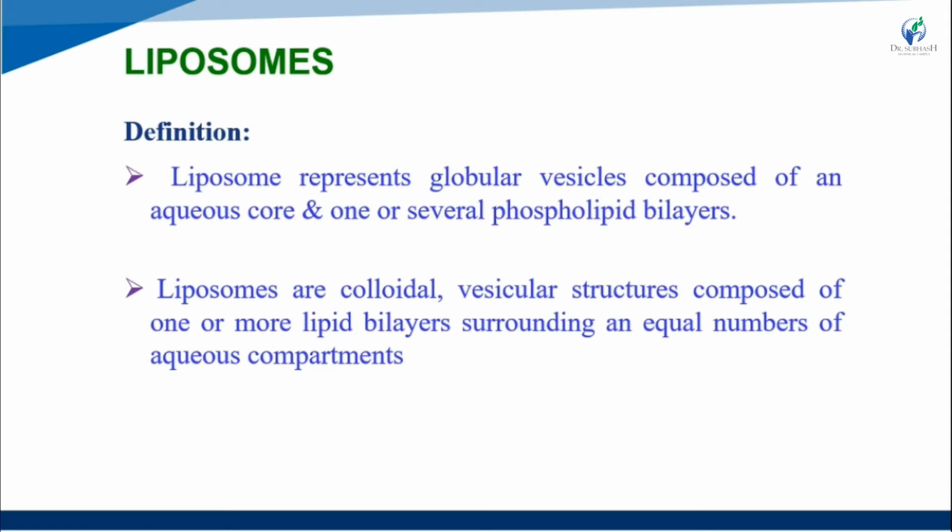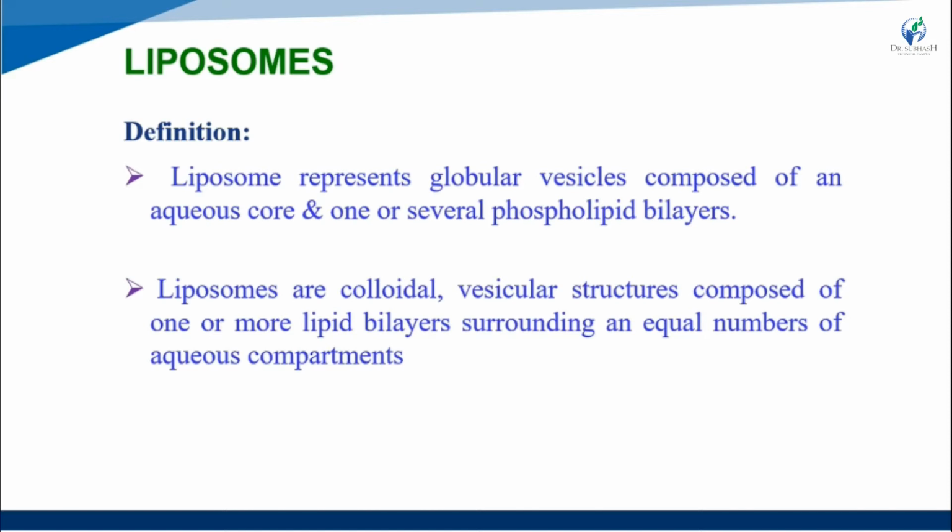Liposome represents the globular vesicle composed of an aqueous core and one or several phospholipid bilayers. That core is aqueous and the surrounding part is phospholipid bilayers. That's called the liposome.